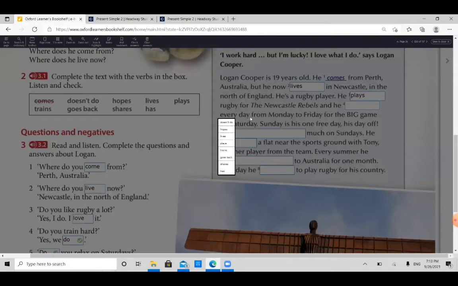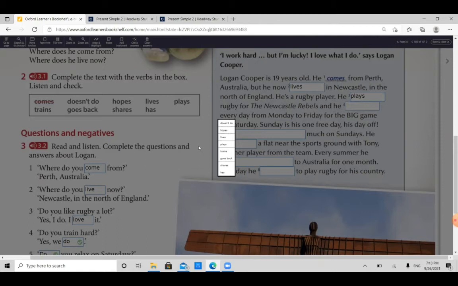The rest. He every day from Monday to Friday for the big game. So what does he do every day? Yes, Rawan, can you help your friend? Thank you, Asya. Maybe it doesn't. No, he goes back.